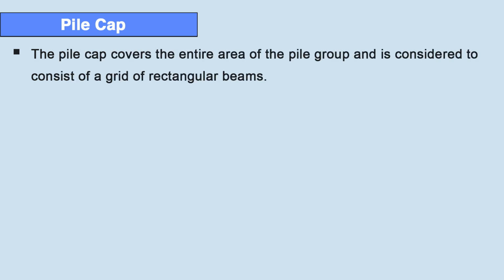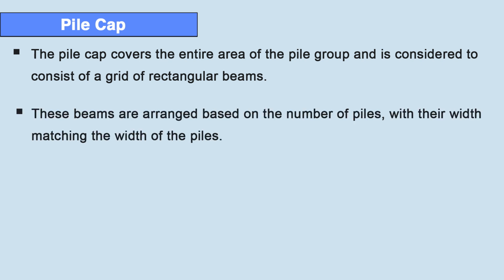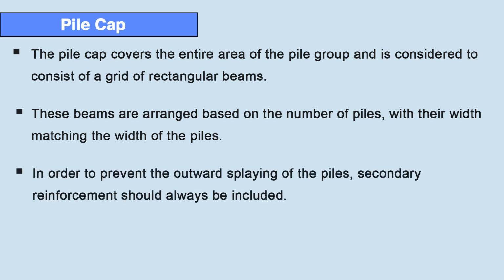The pile cap covers the entire area of the pile group and is considered to consist of a grid of rectangular beams. These beams are arranged based on the number of piles with their width matching the width of the piles. In order to prevent the outward splaying of the piles, secondary reinforcement should always be included.